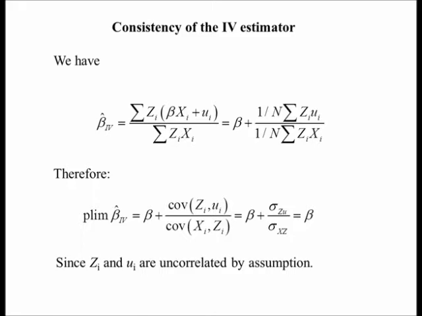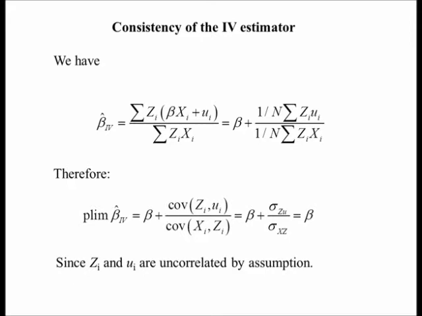Well, we can go about doing that using the standard method that we've applied all the way through when we want to assess the properties of an estimator. In other words, we take the definition of the estimator, we substitute in for the value of y, and then we look at the properties of the estimator when we expand that expression out. And I think that's worth spending a little bit of time working through.